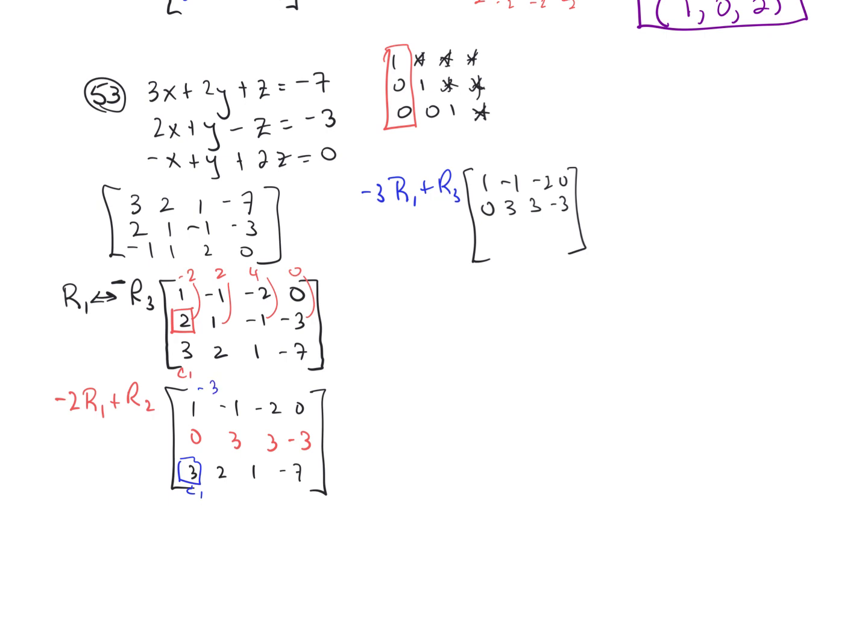So -3, +3, +6, 0. So I'm going to take those numbers and add them to row 3. I will have 0. I'll have 5, and then 7, and then negative 7.